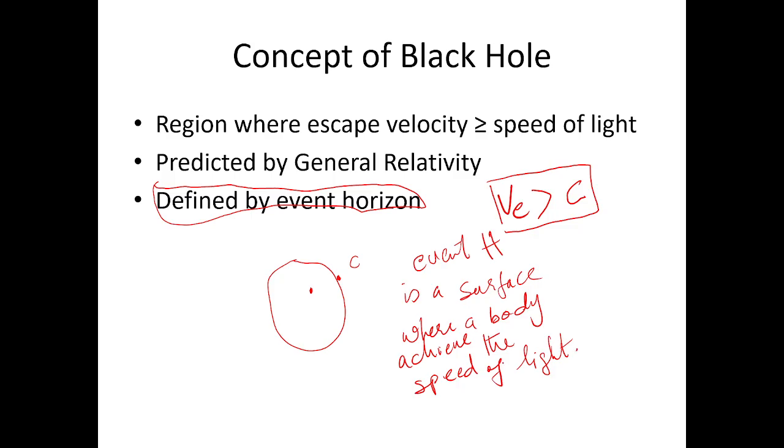So that body will move over the horizon with this speed. If its speed becomes less than the speed of light, then it will fall into the black hole. It will not sustain the motion on the horizon then. So a body should be moving with the velocity of light to maintain its existence over the horizon.